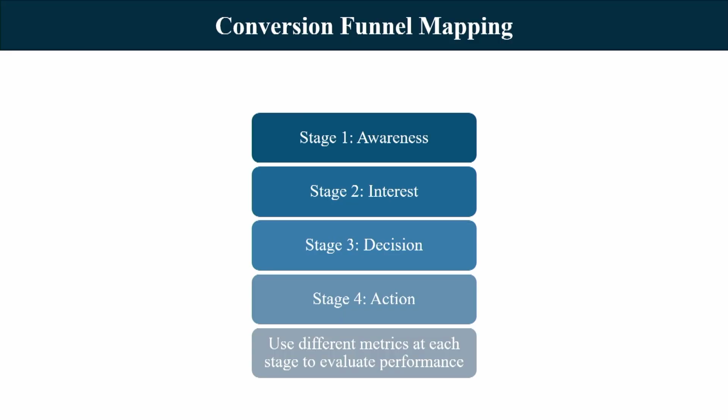Now, let us quickly have a look at conversion funnel mapping. It is similar to your marketing funnel. Stage 1 is the awareness stage. You come to know about a particular advertisement, a particular brand, a particular product category. Next comes the interest.